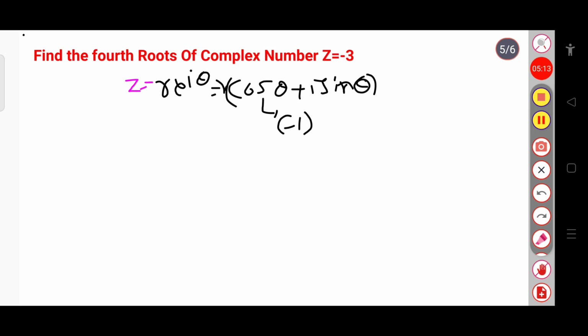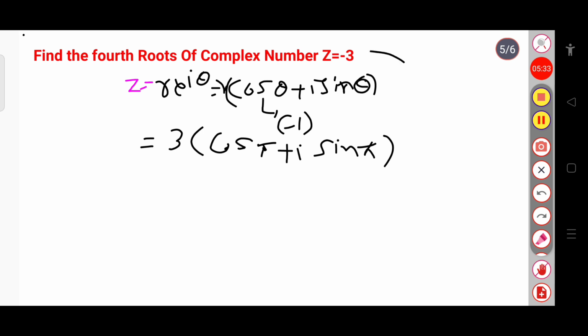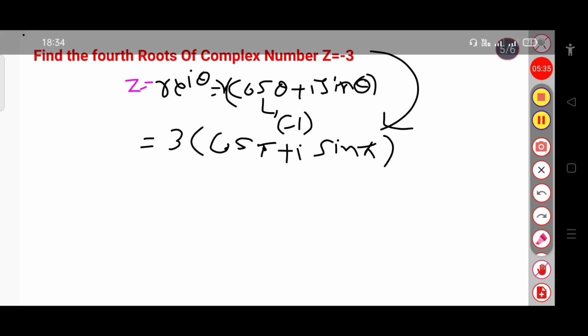I know cos pi is minus 1, so I can write this as 3 into cos pi plus i sin pi, where sin pi is 0 and cos pi is minus 1, so 3 into minus 1 is minus 3. So I am writing z equals minus 3 as 3 into cos pi plus i sin pi.